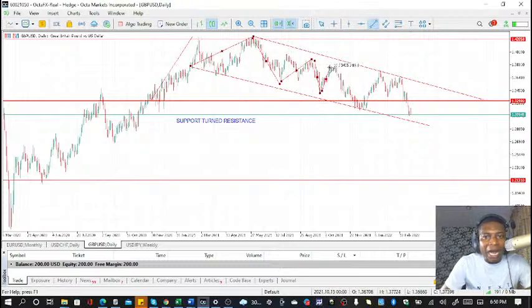I want you to watch how the market is going zigzag on the daily time frame, but zigzag forming a downtrend. From here the market went up again. From here, market came down to this level. From here, market went to touch this level. From here also, market is right here.